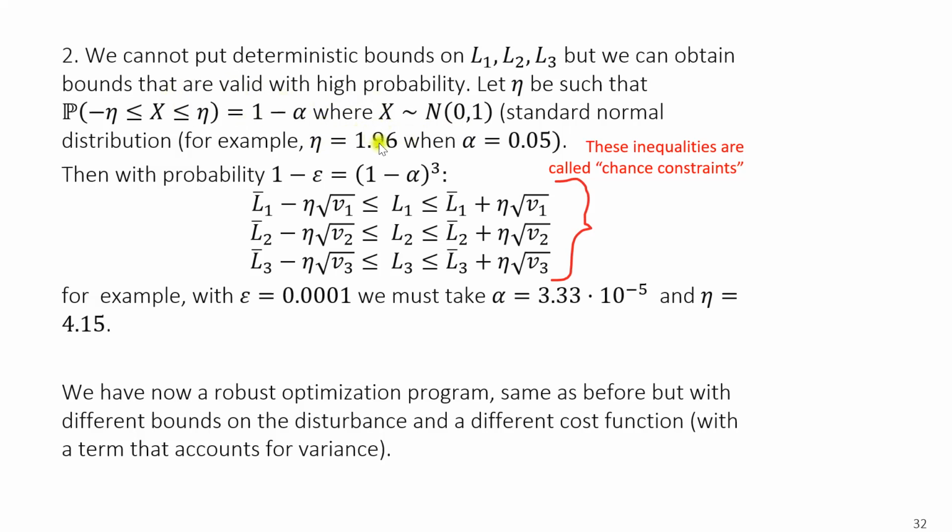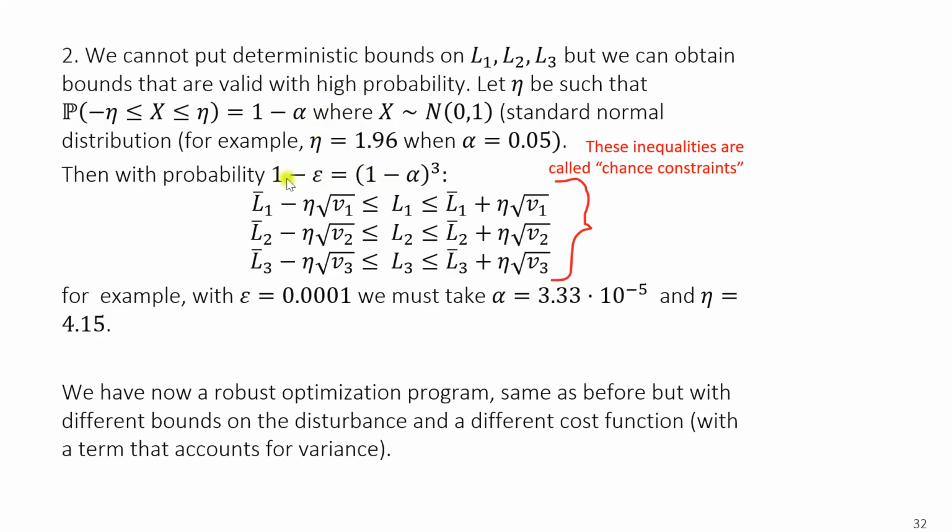That's one of those magic numbers that we were all familiar with concerning Gaussian distribution. If we have three independent random variables, that means with probability (1 minus alpha) cubed, because we can deviate independently for each of those.